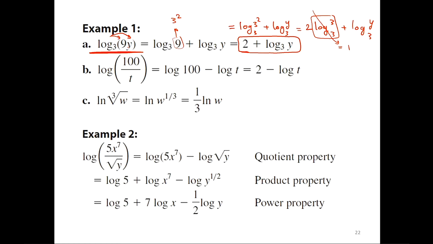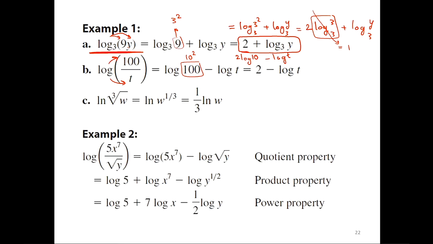Okay. If we have a fraction, log of 100 with base 10, this is the common logarithm, minus log of t. Also, the 100 equals 10 squared. So we can write 2 times log of 10 minus log of t, like this.